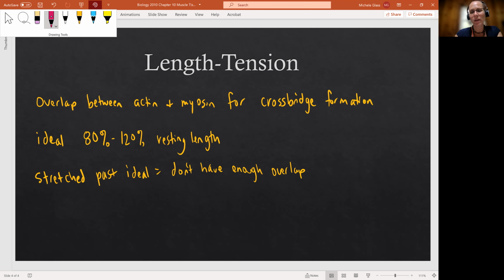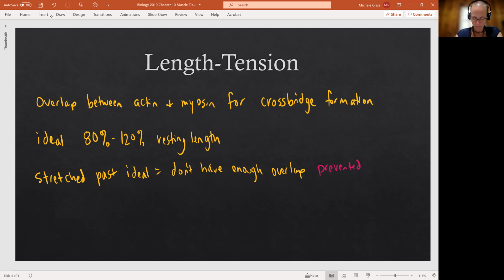This is prevented by the tendons and ligaments connecting. Remember, ligaments are connecting bone to bone. The tendon is connecting the muscle to the bone. So these structures are important in helping to stabilize our joints and our muscles. And we see that because of these relationships, we don't typically get this overstretch.